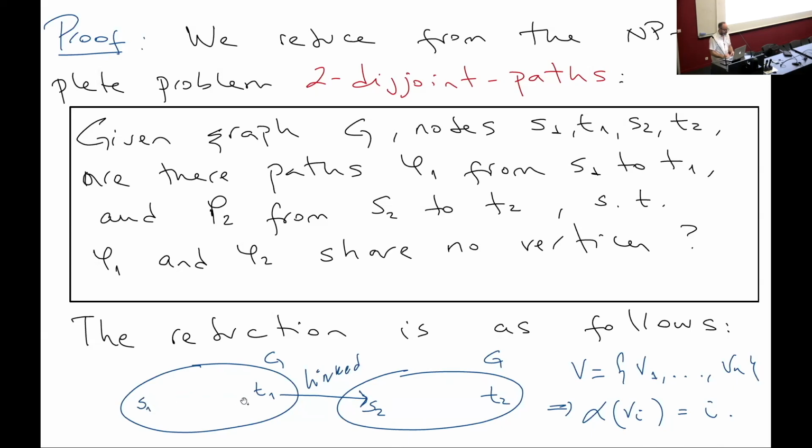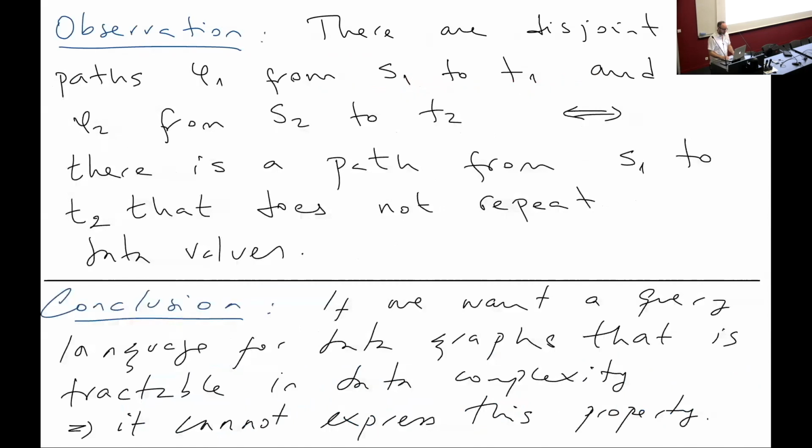And then there exists a path from S1 to T2 in this graph that doesn't repeat data values if and only if there exist disjoint paths from S1 to T1 and S2 to T2. So this problem is NP-complete, and this simple property is then NP-complete.